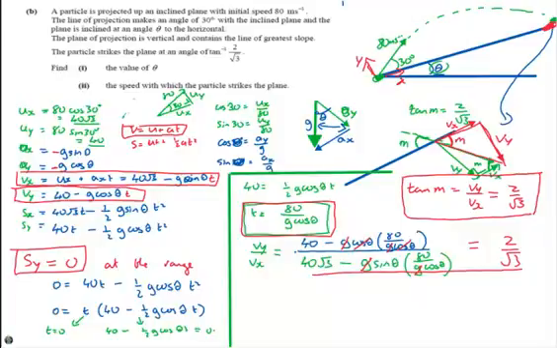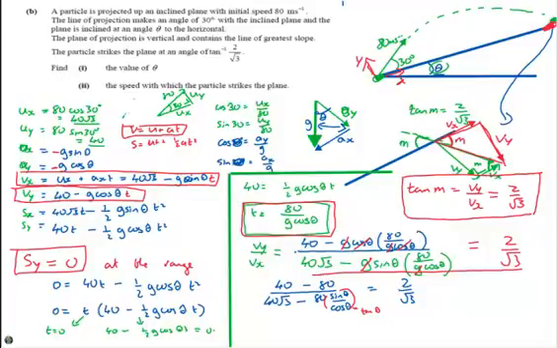We've got 40 minus 80 over 40 root 3 minus 80 sine theta over cos theta is equal to 2 over root 3. Now just remember that sine over cos theta is just equal to tan theta.